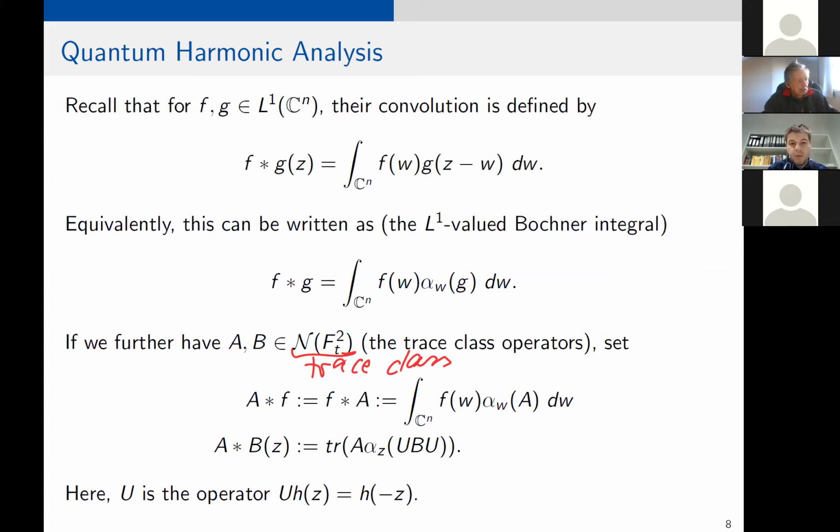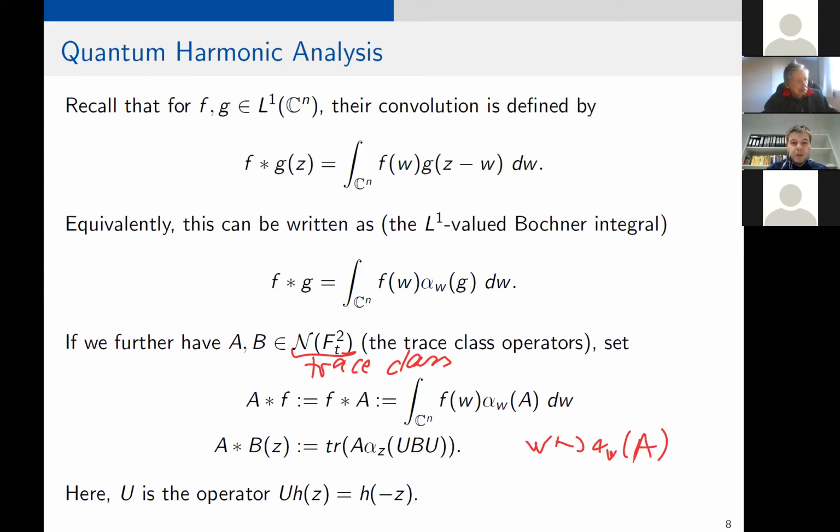The convolution of A and f, which is the same as the convolution of f and A, is simply integrating the group action of Cn at A against f. Here you have to know that this map is also continuous in trace class, which you can prove. It's not really hard to see. Therefore, this is well defined as a Bochner integral.